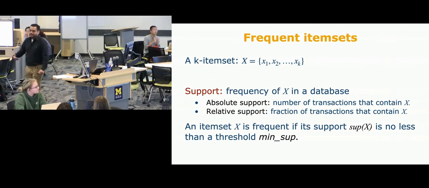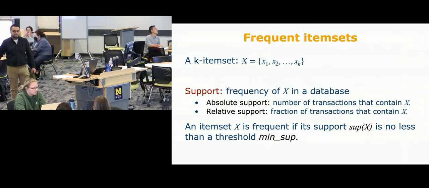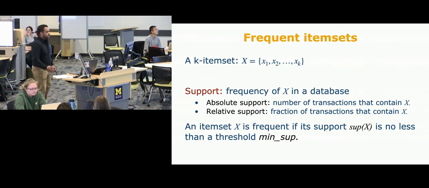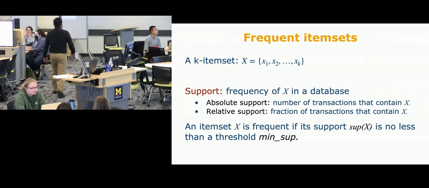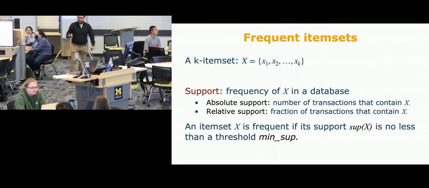Relative support is the fraction, or percentage, of transactions that contain x. An item set is frequent if its support, sup x, is no less than a threshold, min sup. And this min sup is just a user-defined threshold.